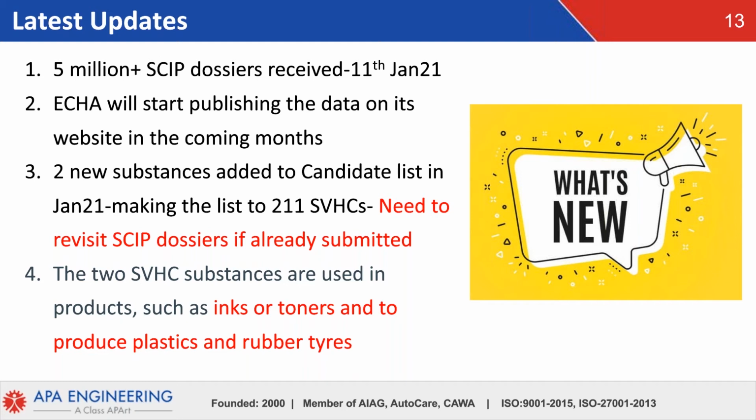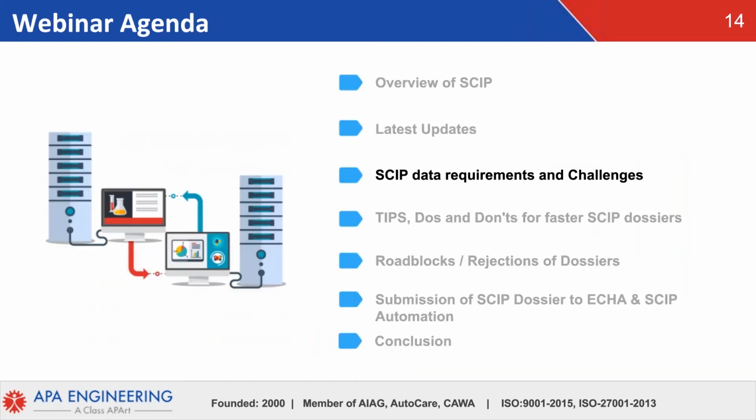The 2 substances that were added are commonly used in inks, toners, plastics, and rubber tires. So if you use any articles in those areas or possibly outside those areas, you may want to revisit your SCIP dossier soon. Next slide.